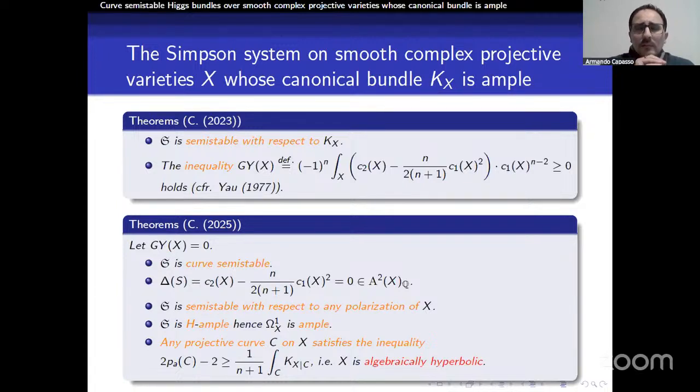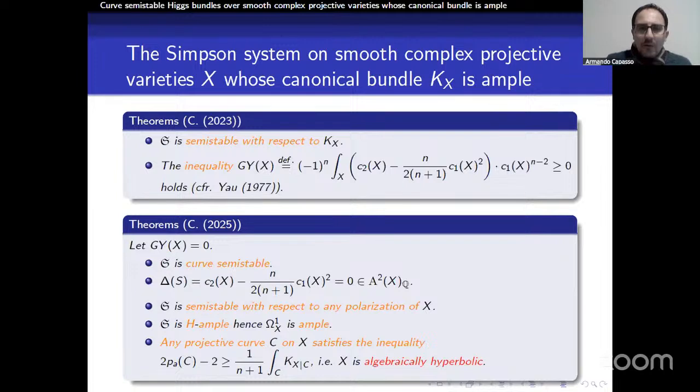Indeed, if one considers the fake projective planes and applies these inequalities, one proves that all curves in the fake projective planes have genus at least 2. But by results of Di Cerbo and Keum, we know that these curves have genus at least 3. So this inequality is not sharp in general.